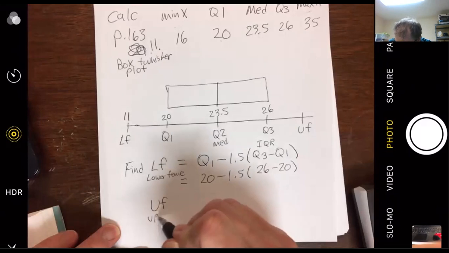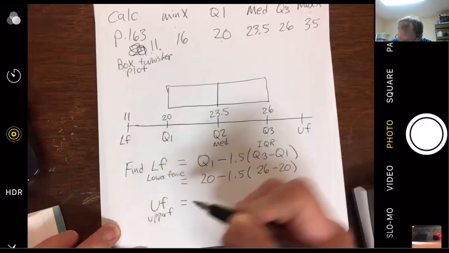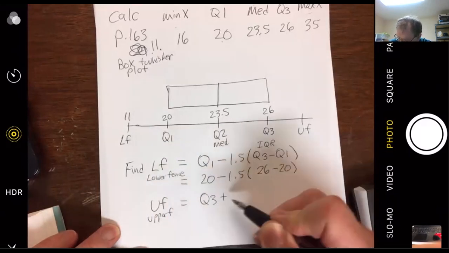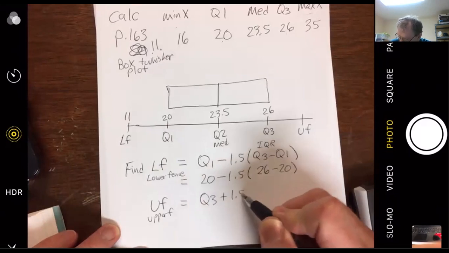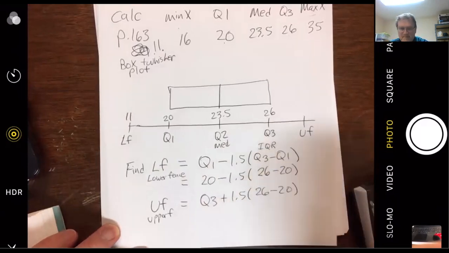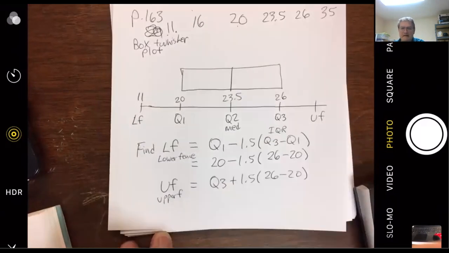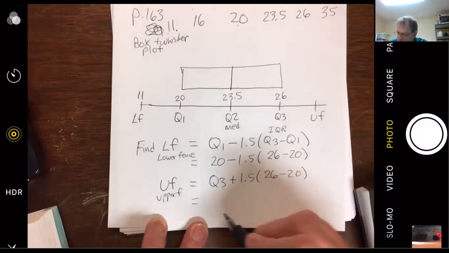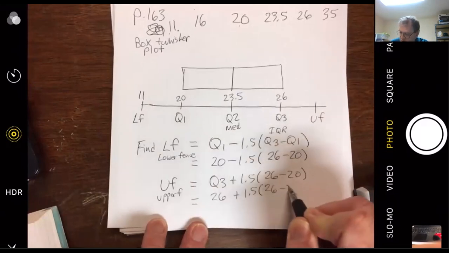Upper fence takes Q3 and adds 1.5 times that IQR. The Q3 was 26, and add 1.5 times 26 minus 20.